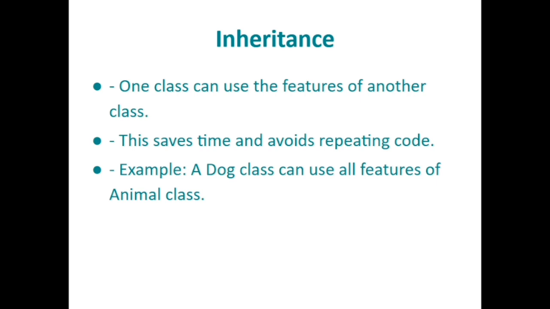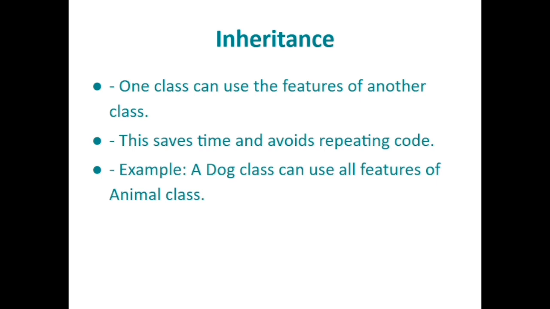So we can inherit the features from the previous class into another class. Dog will automatically get all the features of animals. Cool, right? And this is inheritance. I hope you understand.